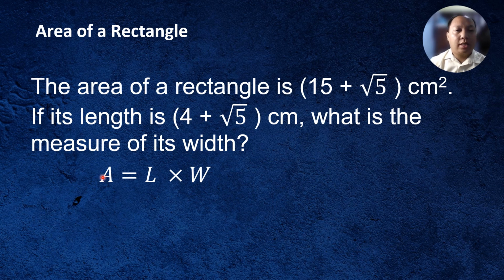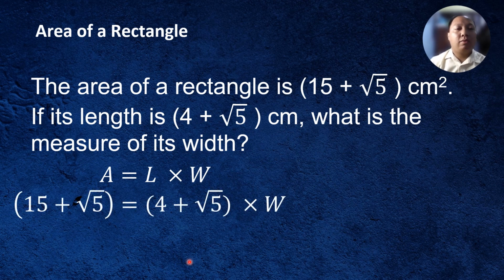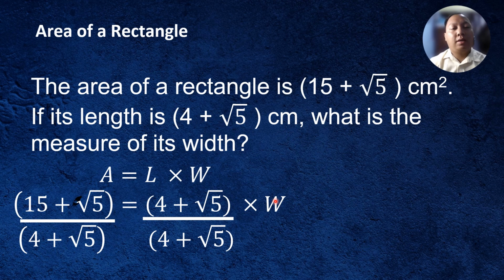So, we substitute A as 15 plus square root of 5 equals, yung length is yung 4 plus square root of 5 times width. Now, since we are going to find the width using the formula of the area of the rectangle, we divide both sides by 4 plus square root of 5.